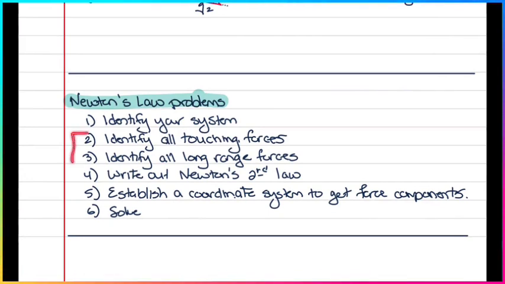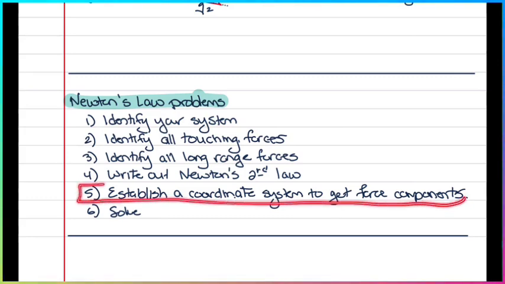So this is essentially identifying all the forces acting on the system. At that point, you can write out Newton's second law. The sum of the forces is the mass of the system times the acceleration of the system. Note, however, that at this point I've never said anything about minus signs, because to me, that comes in step 5, where you establish a coordinate system in order to get the force components.